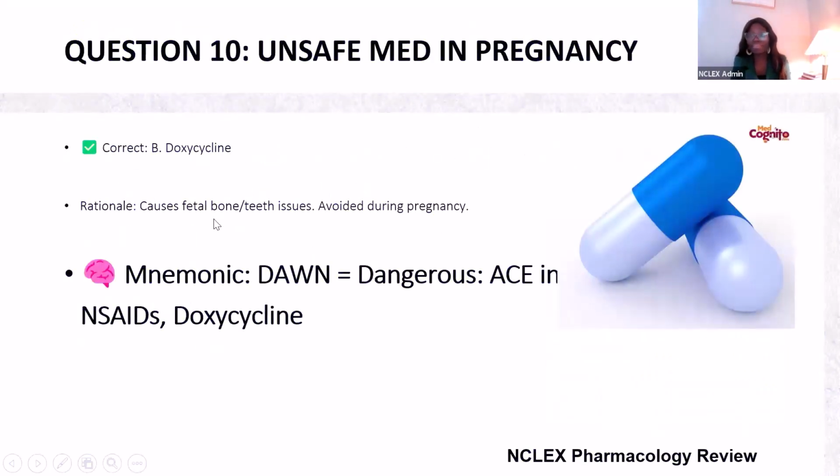Yes, remember, we've done some high yield reviews on doxycycline and tetracycline and all of that. Remember that it causes fetal bone or teeth issues. So it has to be avoided in pregnancy. So doxycycline is dangerous. We will not give it. So remember this and do not forget.